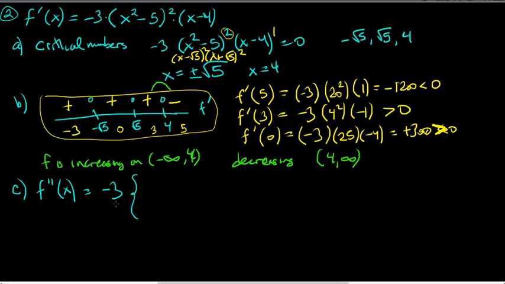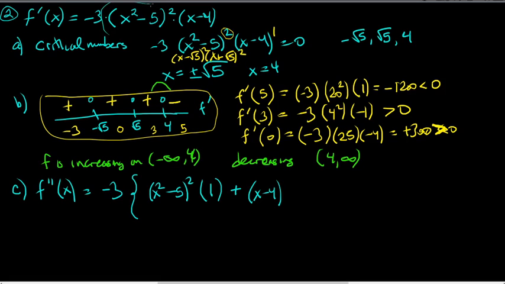So leave the -3 alone and just multiply first times the derivative of the second. That's just going to be (x squared minus 5) squared. And then the derivative of x minus 4 is 1 minus 0, right? And then plus second, which is the x minus 4, times the derivative of the first.